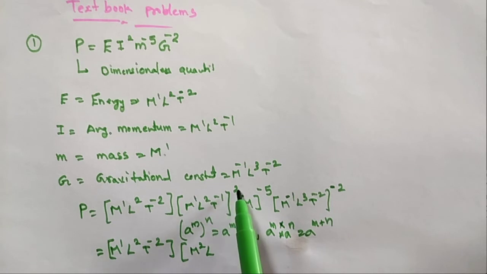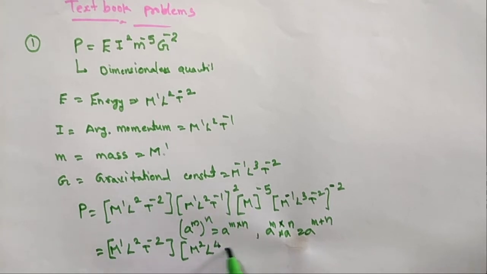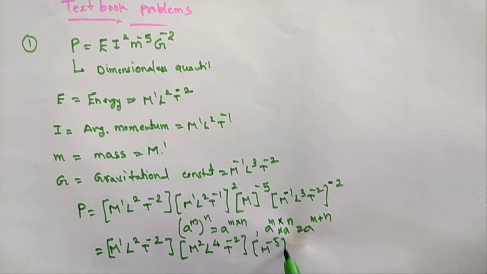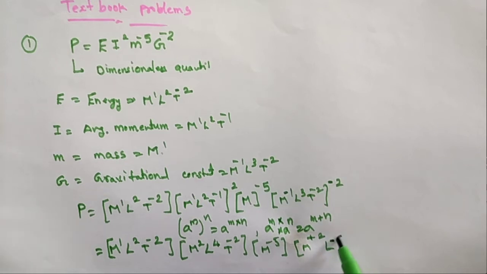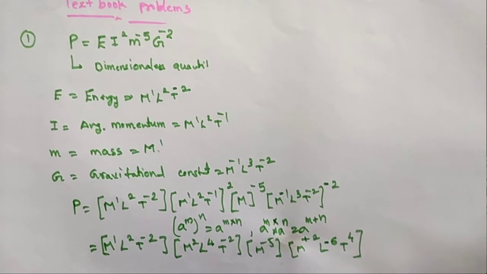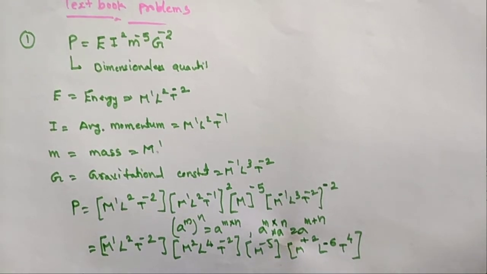Similarly L square whole square, L power 4, T power minus 2 and M power minus 5. M power minus 1 into minus 2 is plus 2, L 3 into minus 2 is minus 6, T minus 2 into minus 2 is plus 4. So equate all the mass powers, length powers and T powers.